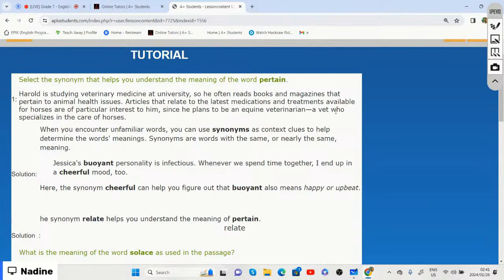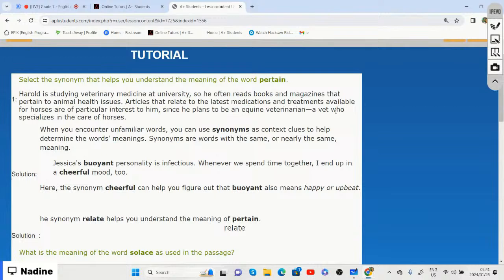So when you encounter unfamiliar words, you can use synonyms as context clues to help determine the words' meanings, right? And we said synonyms are words with either the same or nearly the same meaning. And it says that Jesse's buoyant personality is infectious.